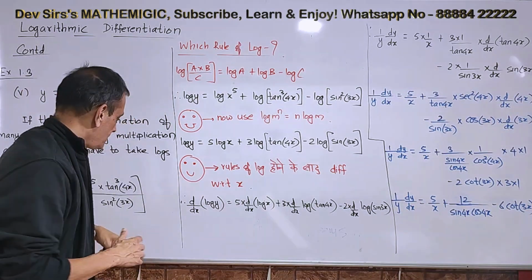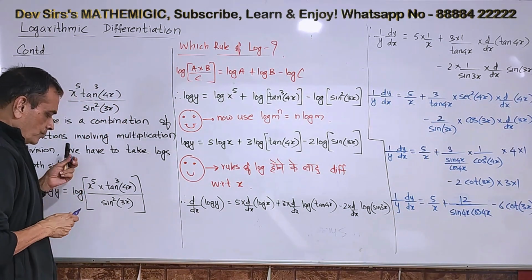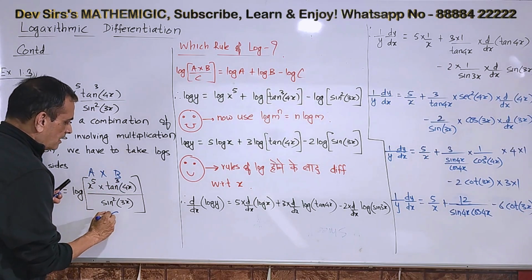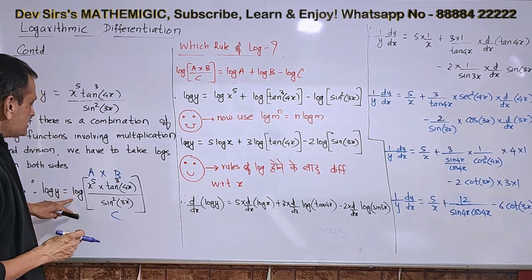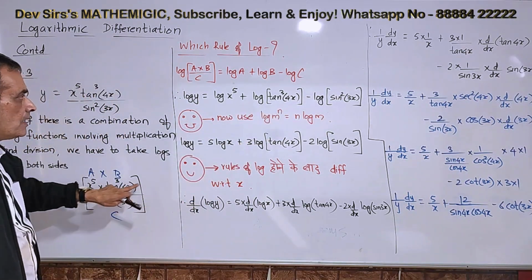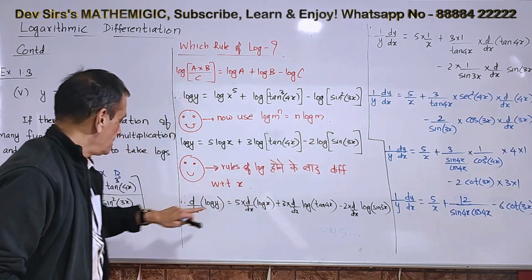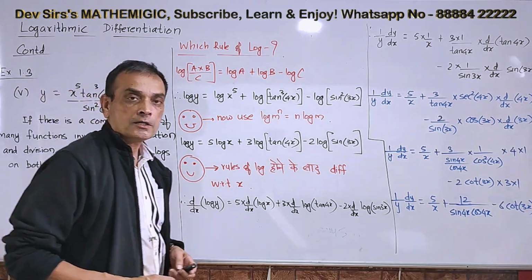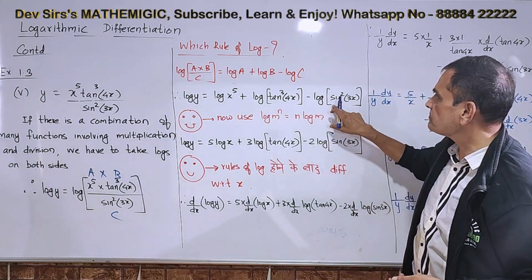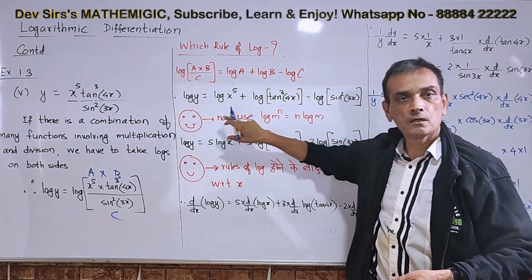So what do you get? देखो, this is your a into b upon c. The rule says log a plus log b minus log c. In the denominator you have got c. So minus log c, but c is what? Sin square 3x. Clear?